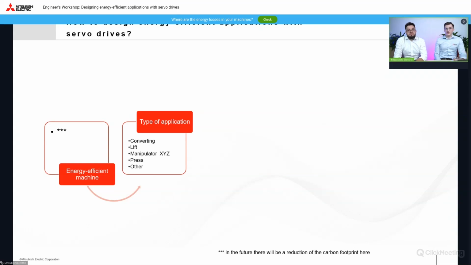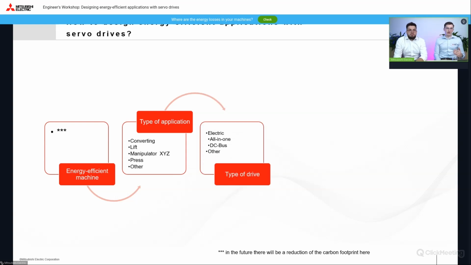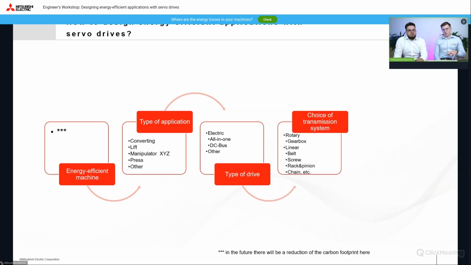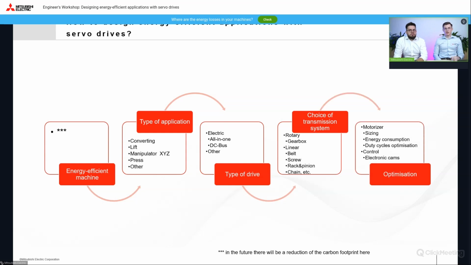Exactly. The second thing is to choose the type of the drive, whether it will be a multi-axis drive or a DC bus system or some other. And after that, we will choose the right mechanical drivetrain and calculate everything in the software with optimization of the movement, so the drives can exchange energy and recover as much as possible from the system.